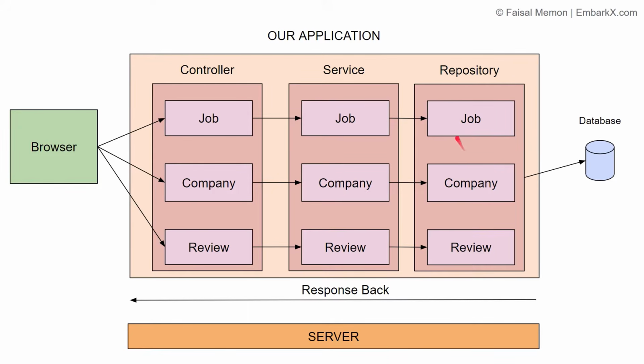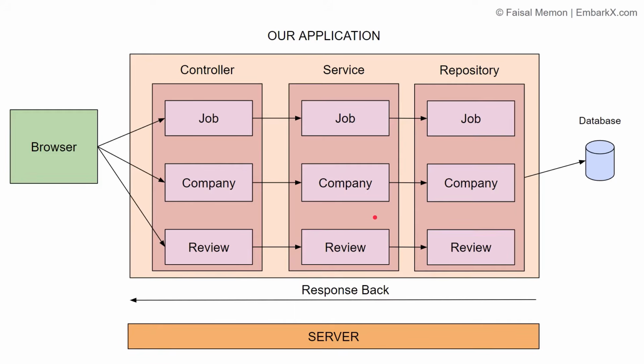All right. Now this repository will communicate with service, and service will also communicate with this repository. So service is where the business logic will reside. So we will have like job service, company service, and review service. So we'll keep these 3 services different. Okay, they will be in different files, and we will manage them separately because they are managing a particular entity in the application.